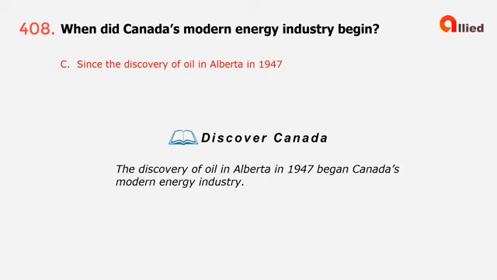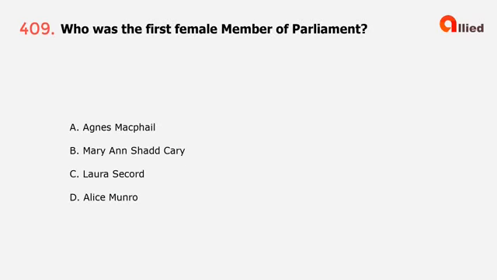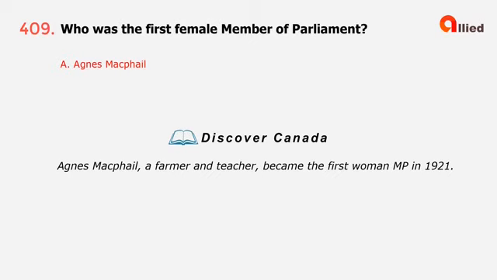The answer is C. Since the discovery of oil in Alberta in 1947. Question 409. Who was the first female member of Parliament? A. Agnes MacPhail. B. Mary and Shad Carey. C. Laura Secord. D. Alice Munro. The answer is A. Agnes MacPhail.